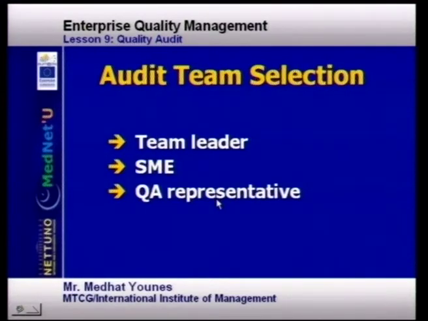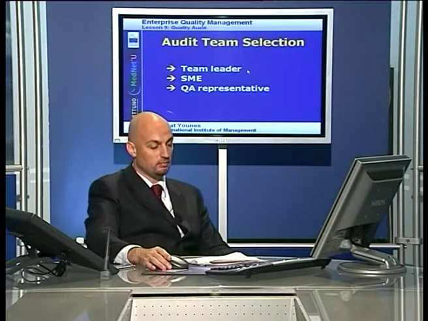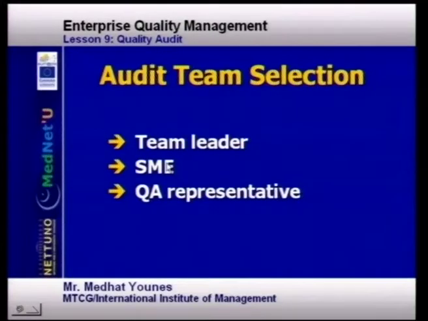Audit team selection. The team normally consists of the team leader, which is usually a person with an ISO 9000 audit quality certification, the subject matter expertise for each department, and the quality assurance representative.